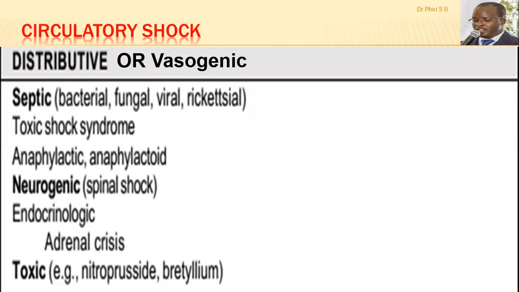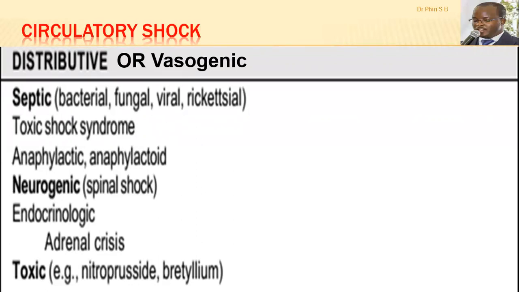That will result into the blood vessels becoming more dilated, to the extent that there will be less blood going in circulation because of the vasodilatation. So that will also result into shock. Because it's the dysfunction of the nervous system, then it's called neurogenic or spinal shock.